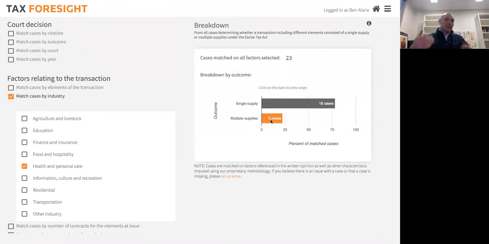So that's really great background information to know if I'm advocating for the taxpayer here, or also for the government, right? So it looks like there's a wind at your back if you're the government in this case. If you're advocating for the professional corp, you're like, okay, so the wind may not be at my back here. So what I might want to do at this point is then click on these multiple supply cases, show them.